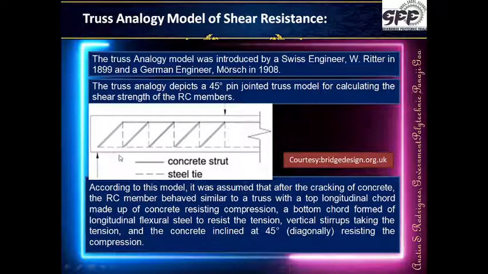Now when there is a reaction, the top zone over here is in compression. The bottom zone over here is in tension, and obviously over here there is a longitudinal reinforcement to take care of the flexural tension already provided.